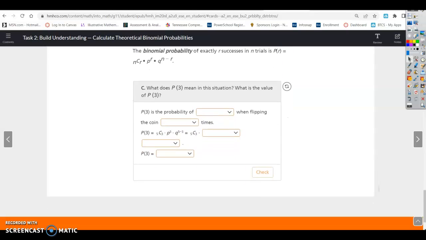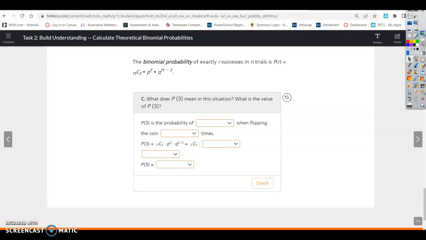We're still talking about getting heads 3 times when you flip a coin 5 times. So how would we use this to do that? This is success of 3 times, and we want failure of 2 times because there are 5 total flips. So if success is 3, the remaining would be 2.